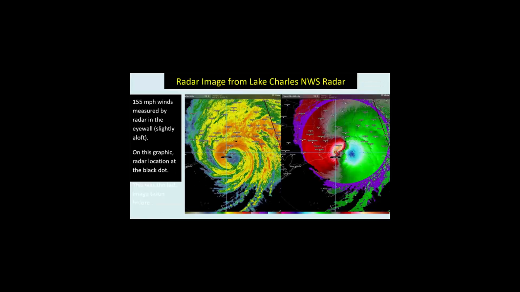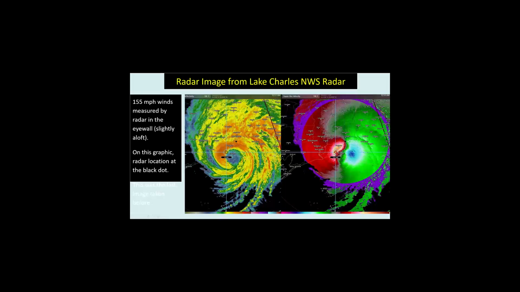This is a look at the radar data from the Weather Service Lake Charles radar, at 12:53 a.m., in the early morning hours. The storm has made landfall here, and that little black dot is the location of the radar that I'm pointing to with my cursor. Now, the Weather Service radar measures what we call reflectivity, or rainfall, and you can see the eye near Cameron at this time, and then the ring around the eye being the eye wall where you find the highest winds.